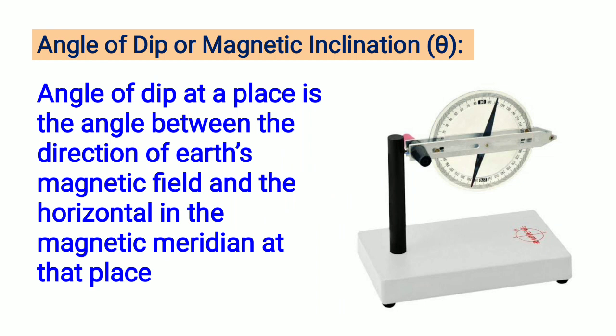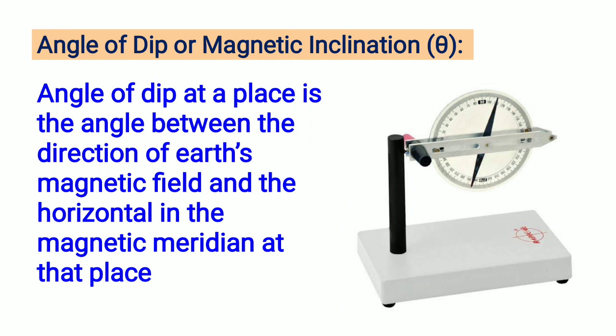I hope you are clear. Depending on that, there is an inclination for this bar magnet. Like that, there is an arrangement called a dip needle. You can see that needle. If we are standing at the equator, the needle will align horizontally. If you are standing at one of the poles, the needle is aligned vertically.